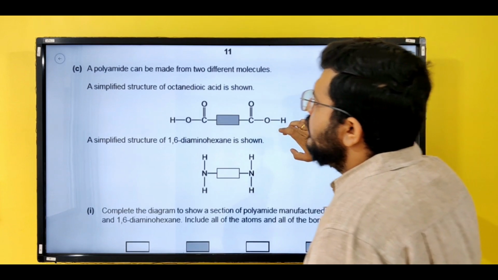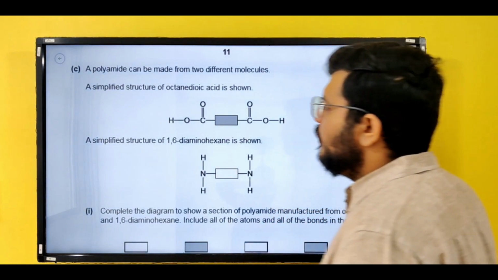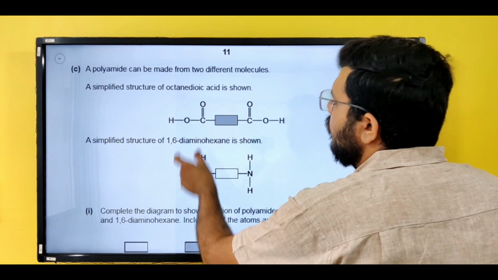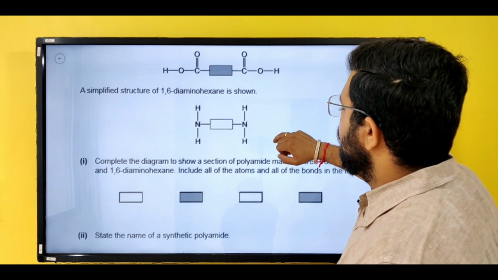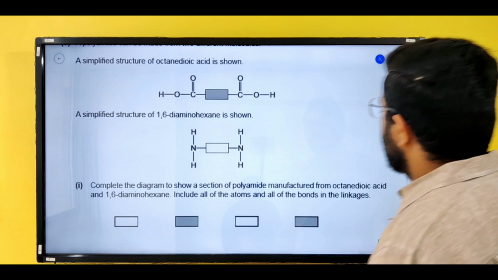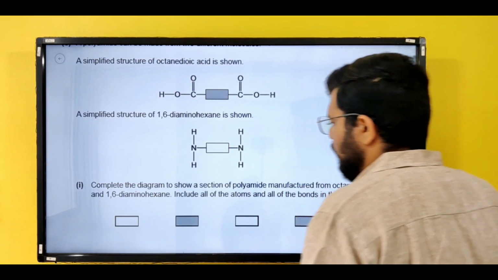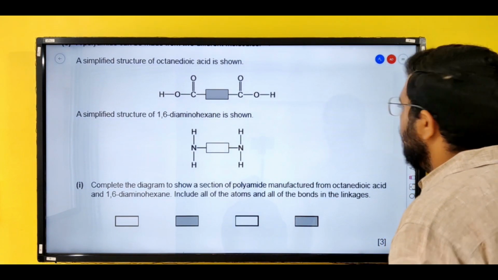Okay. A polyamide can be made from two molecules. A simplified structure of 1,6-diaminohexane is shown. Complete the diagram to show a section of polyamide manufactured from octanedioic acid and 1,6-diaminohexane. Include all of the atoms and all of the bonds in the linkages.